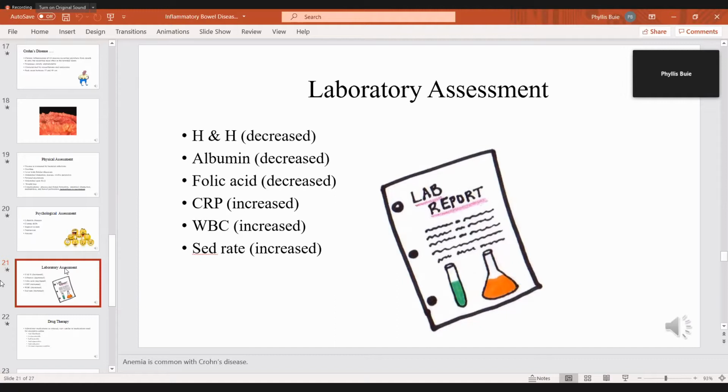CRP and the sed rate may be elevated along with the white count, because we're looking at an inflammatory process as well. Now, if we have a patient that has a lot of diarrhea going on, then we may find a low sodium. Their potassium and their chloride may also be low, or if they're having a problem with malabsorption related to the disease process.